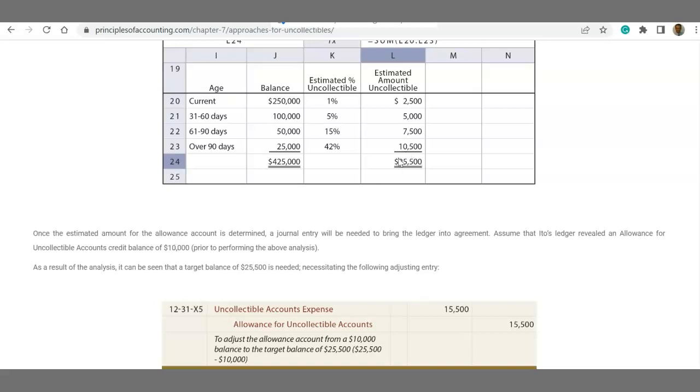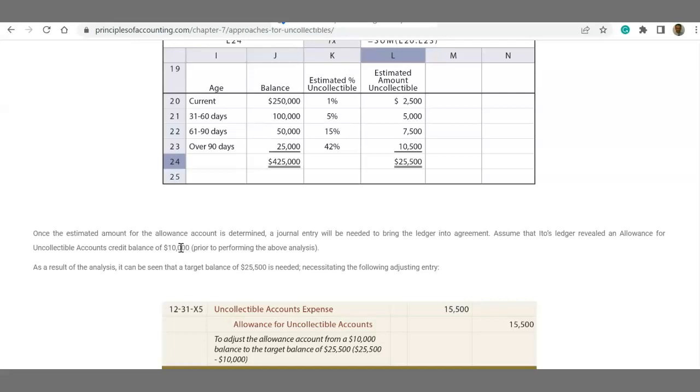And you just calculated that you want $25,500. Because you are using the percentage of accounts receivable method, you are exactly certain what you want.